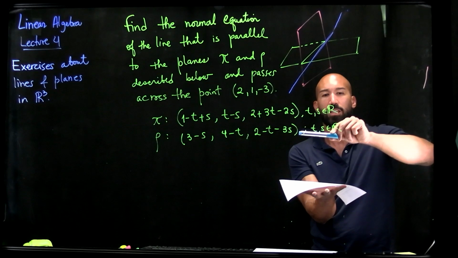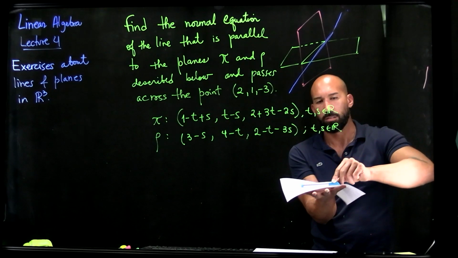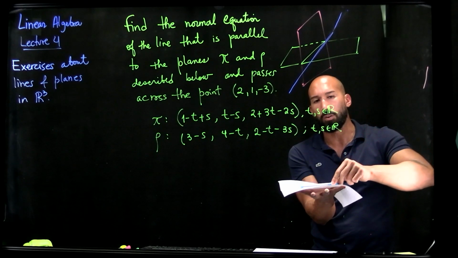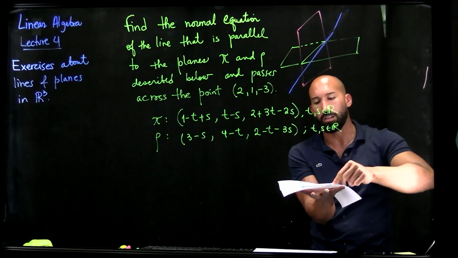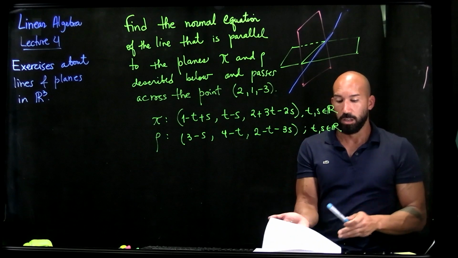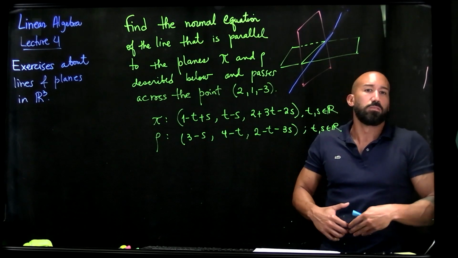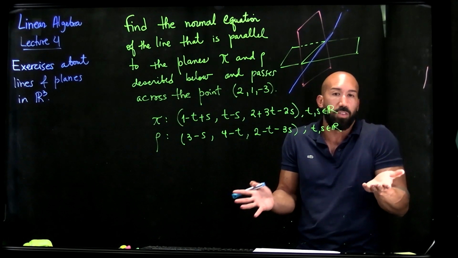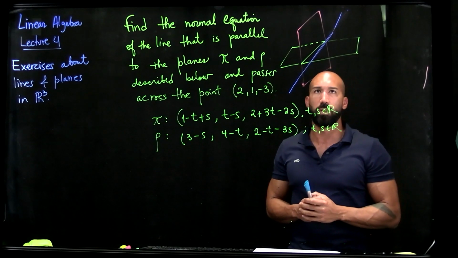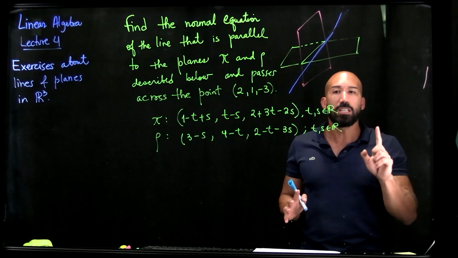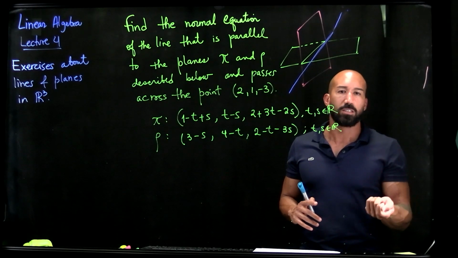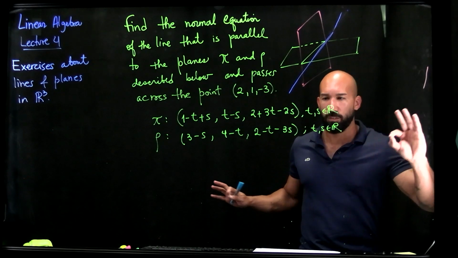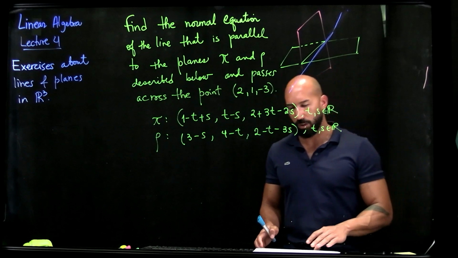The same if I translate that line parallelly until I reach the second plane, that line is going to fall inside that plane completely. Or maybe the line from the very beginning is inside one of the planes or both of the planes, exactly the intersection of the two planes, but maybe not. So this means that if that line intersects one of these planes, that intersection cannot be one point. That intersection has to be the whole line. Is that okay? All right.